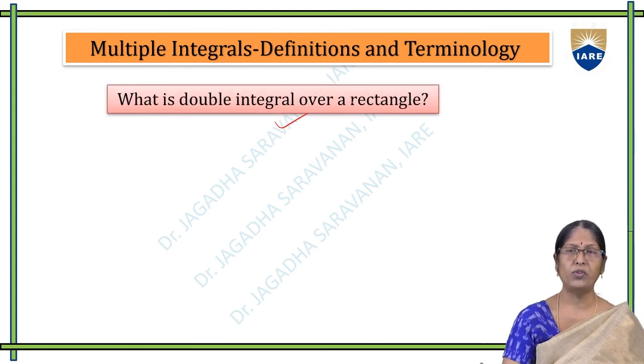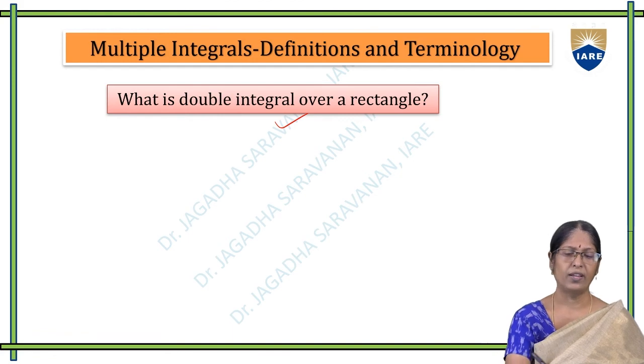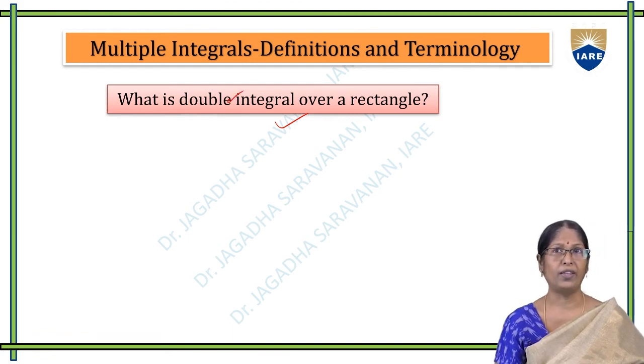What is double integral over a rectangle? That is, our geometrical shape is a rectangle. For that shape, which is a rectangle, we have to evaluate the area. The word area may not be given, but the reason is that a double integral is used to evaluate the area of our bounded region.